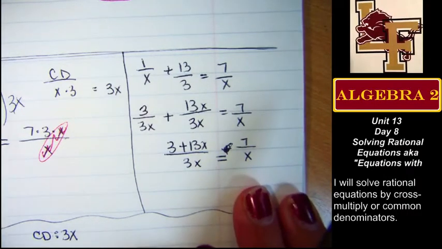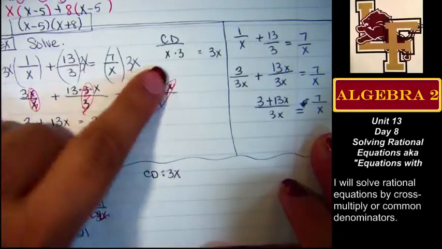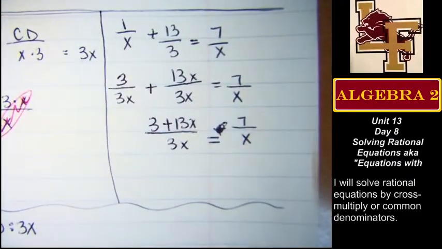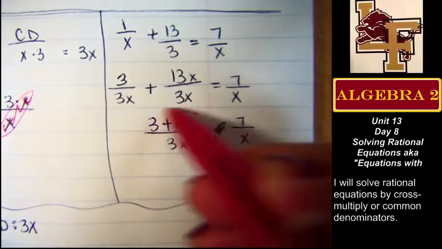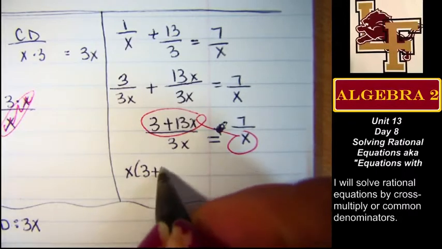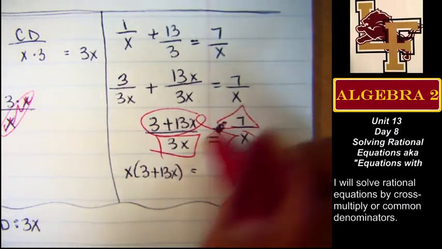Where did I get that? Was the common denominator? Because this is the same example. Now that I have it as fraction equal fraction, cross multiply. Those two things multiplied together equal these two things multiplied together.